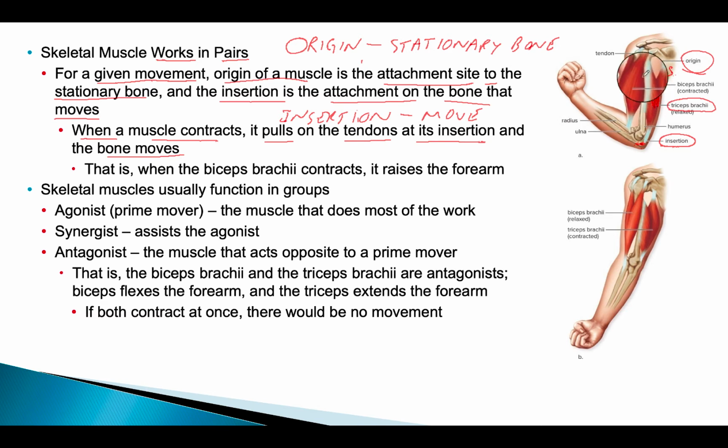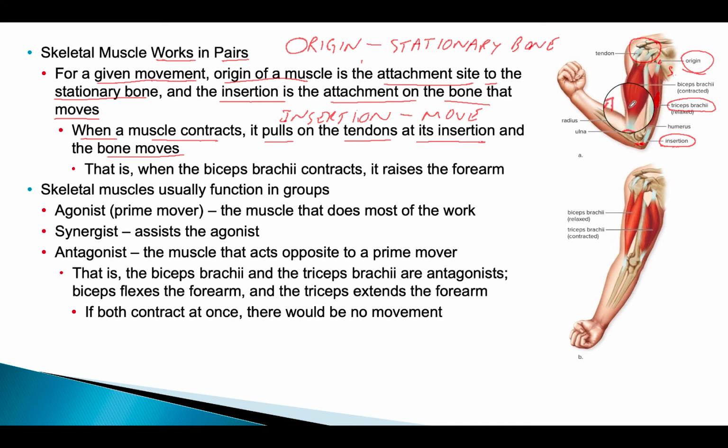Looking at this biceps brachii, this would be the origin over here. This is the insertion over here at the radius. When this biceps brachii contracts, as depicted over here, it pulls on the radius, the bone, to move towards the body. So that's what's happening here.